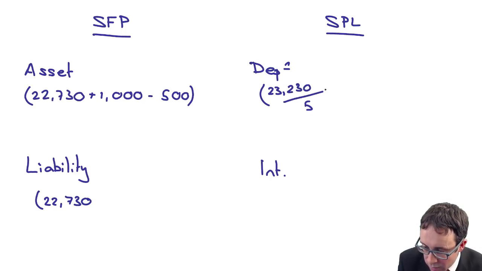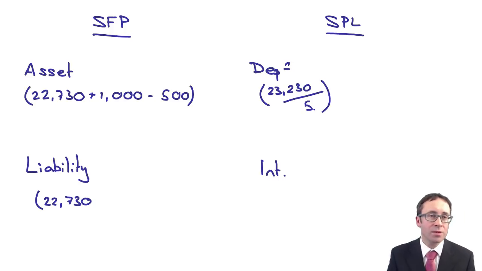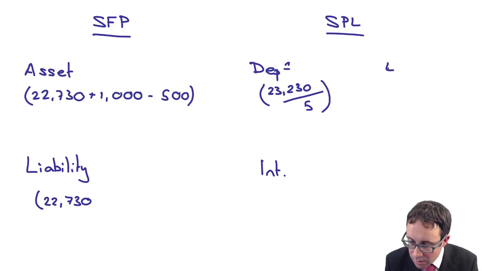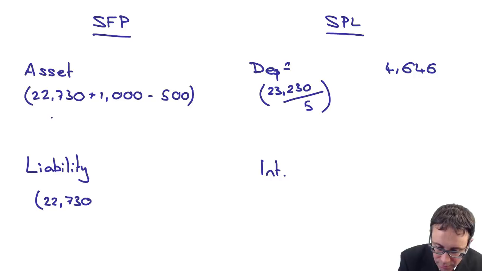That 23,230 is spread over the life of the lease, which I think is 5 years. So my depreciation is 4,646. So I have there 23,230 less 4,646.